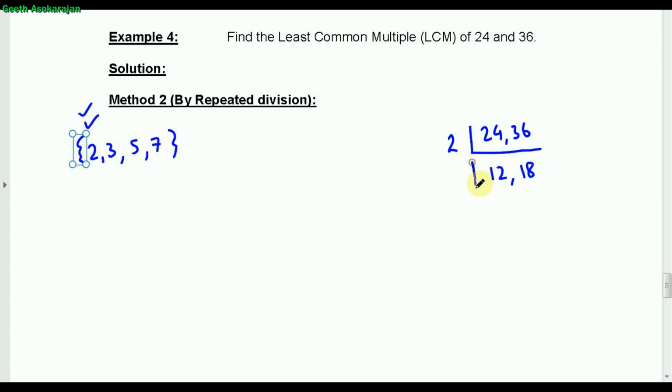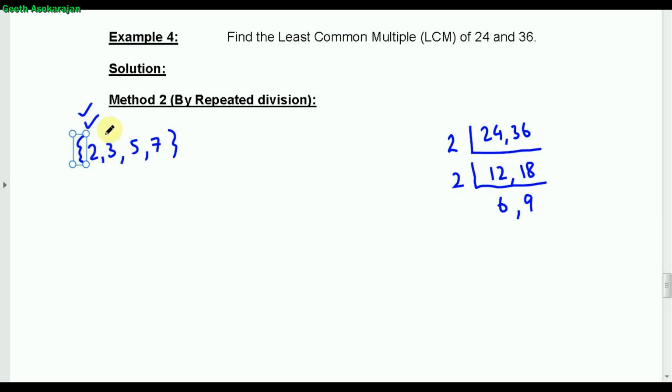So divided by 2 again, we had 6 and 9. Let's check 2 again. 6 divided by 2 is 3, no remainder. However, 9 can't be divided by 2, it gives us a remainder, so 2 doesn't work.